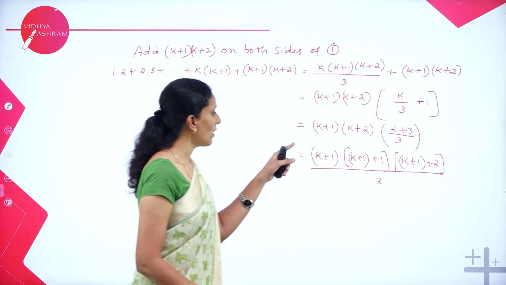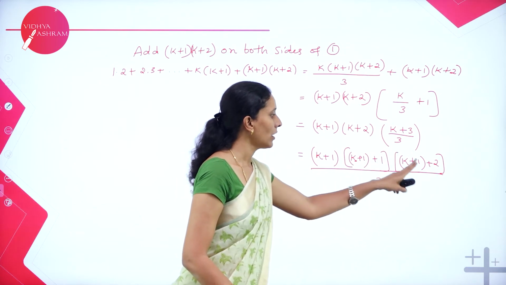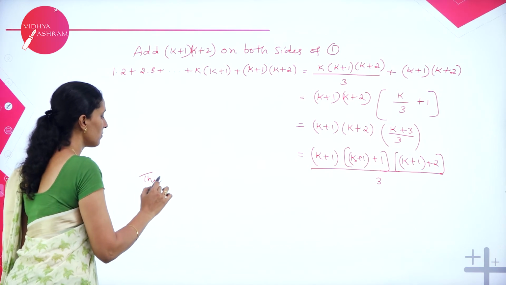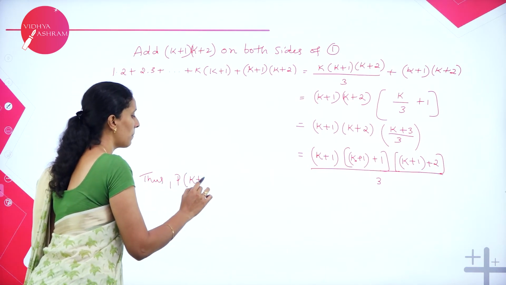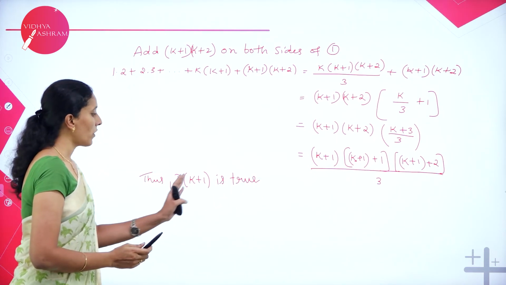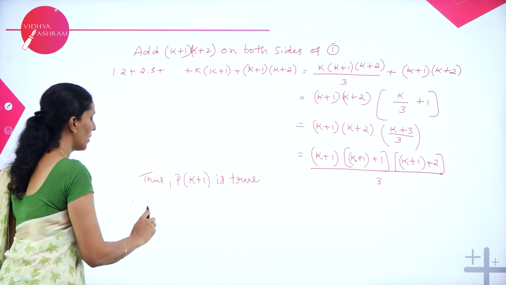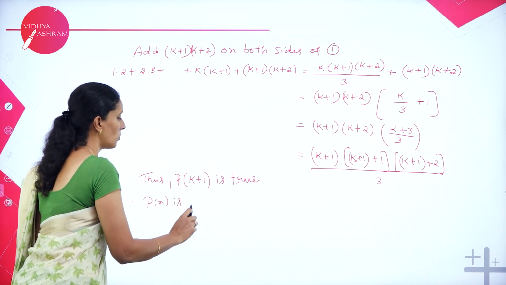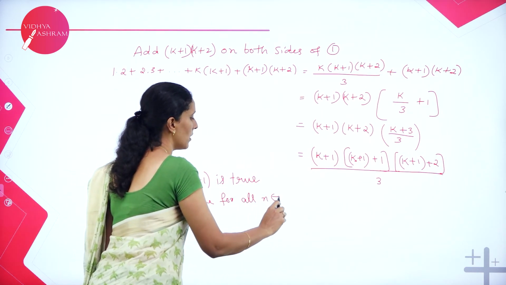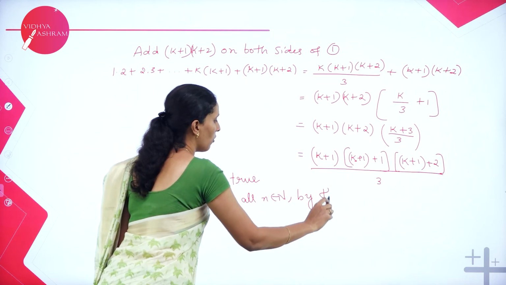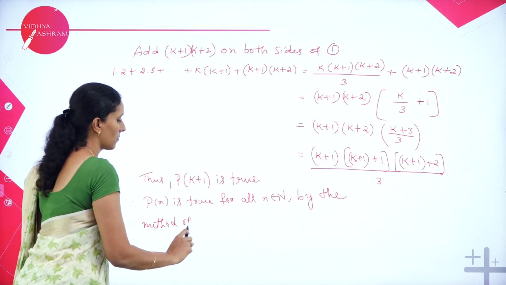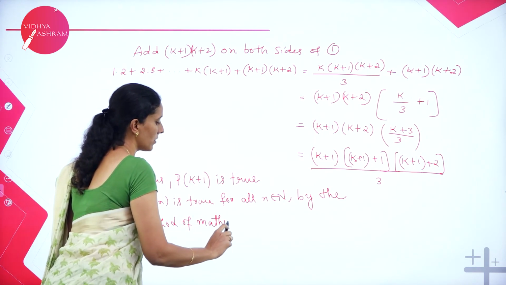Now the statement is in the form of n(n+1)(n+2), where in the place of n you have k plus 1. Thus P of k plus 1 is true. Therefore P of n is true for all natural numbers by the method of mathematical induction.